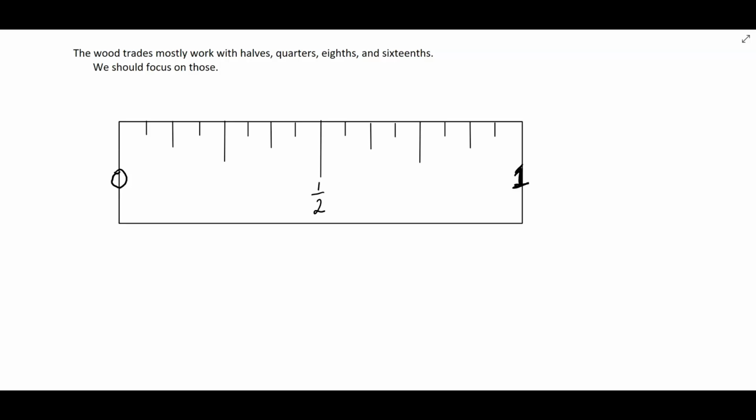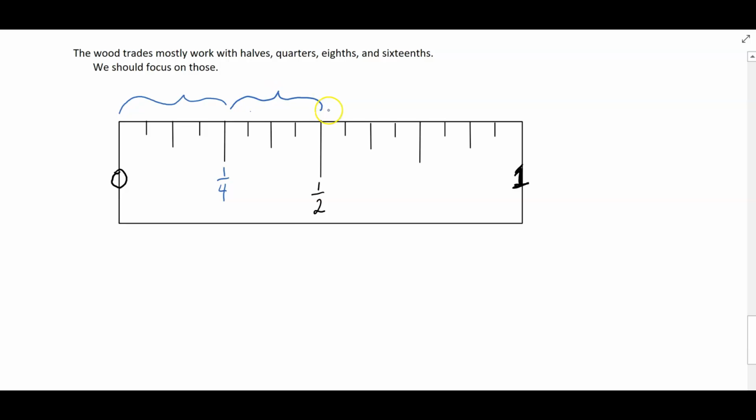If I divide each of those halves in half, then I end up at 1/4. Right? So 1/4 is the second longest notch down. And if you notice, we have 1/4 there. That's terrible.